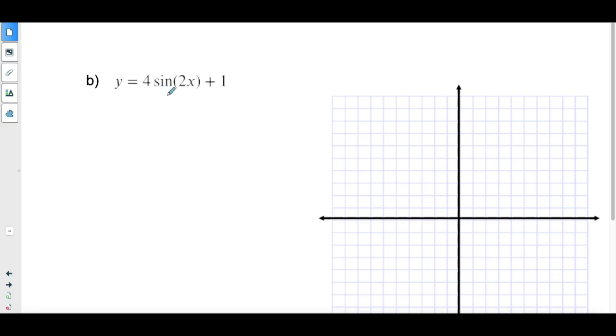There's a 4 in front of my sine. Since the number in front is greater than 1, that means we're applying a vertical stretch, or in other words, I'm multiplying the y values of my original graph, sine x, by 4.